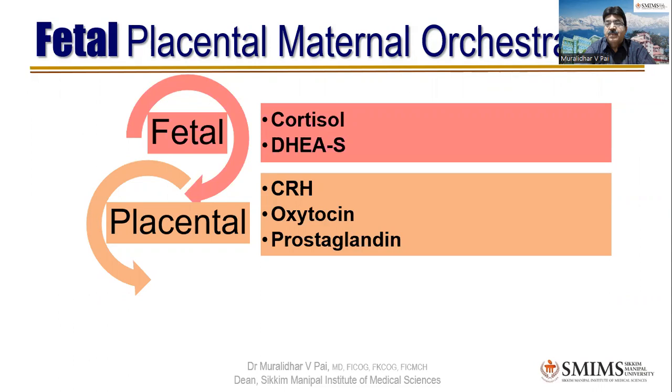So who gives the signal? Fetus gives the signal, especially when it is stressed. When it is stressed, you see, it is so beautiful, it is so natural. When it is stressed inside, it wants to come out. How does it tell? It cannot cry. Maybe it is crying, but it has to tell somehow. It can't tell the mother directly, so it will tell its friend placenta who is sitting next to it.